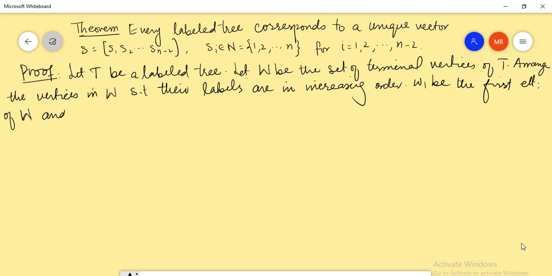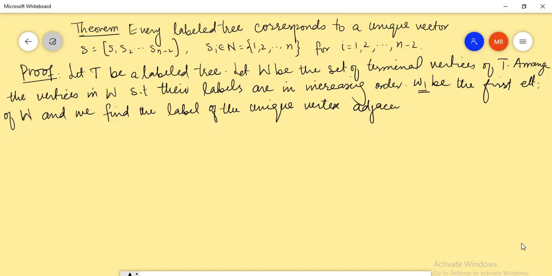And we find the label. Since W1 is a terminal vertex, there is a unique vertex in T which is adjacent to this W1, and hence we find the label of that unique vertex adjacent to W1, and we call that label S1.